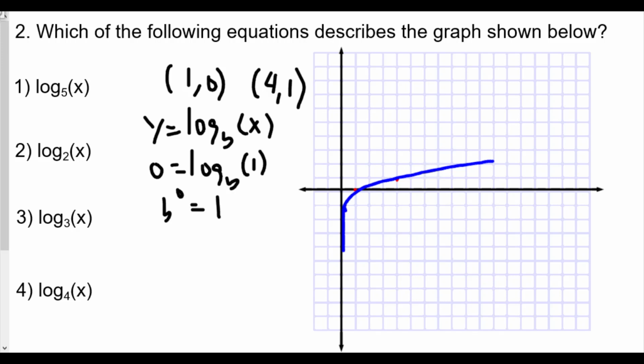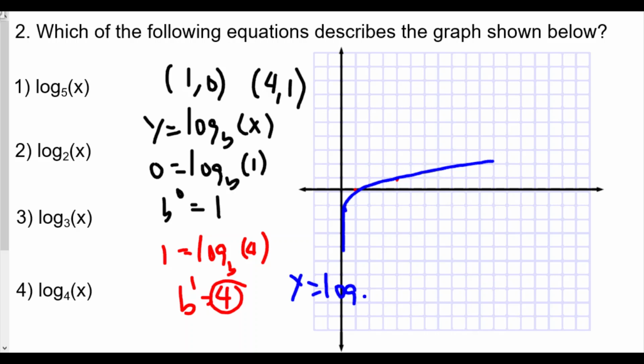Well, let's plug in the other one, though. Okay? We have 1 equals log base b of 4. Well, if I rewrite this as an exponential function, b to the first is equal to 4. So we see in this case our b value must be 4. So we're looking at the equation y is equal to log base 4 of x. And that would be choice 4.